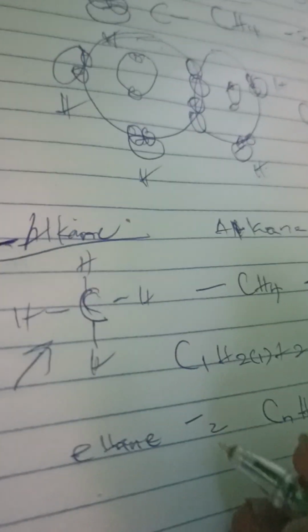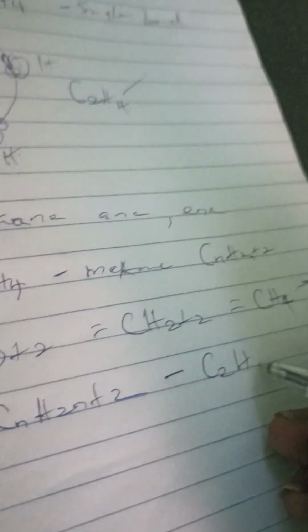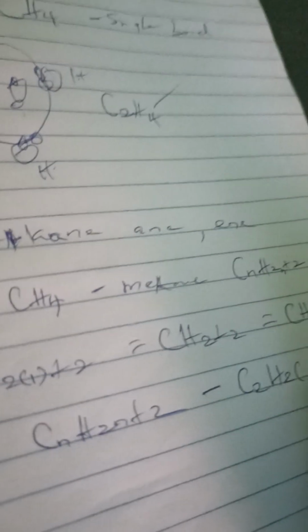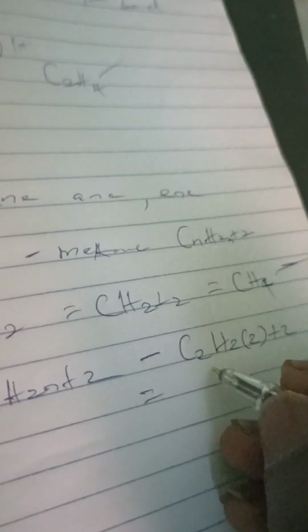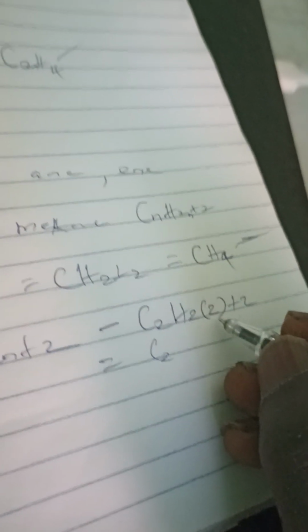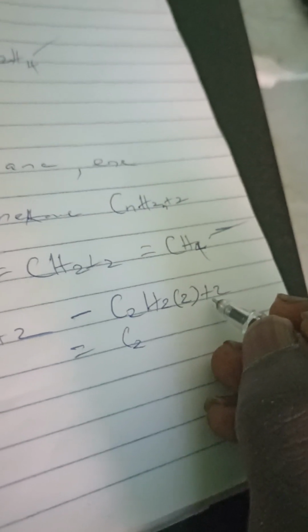Now when I come here, I say okay, n in this case is 2, because I want to form ethane. If I want to form propane, n is 3. Then I now say C2 H 2n plus 2, that is 2 times 2 is 4, plus 2, so C2H6.